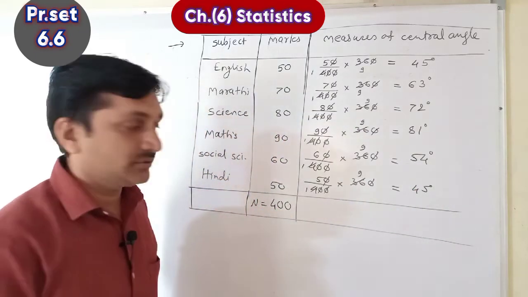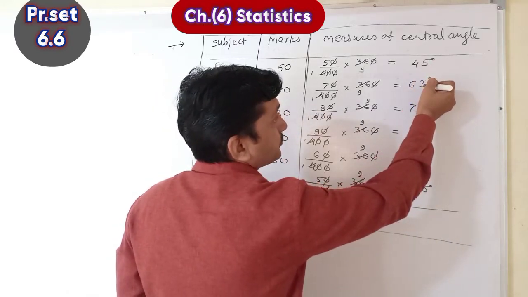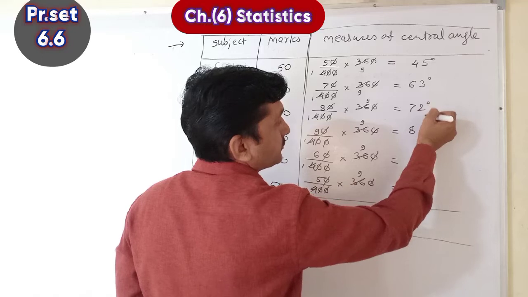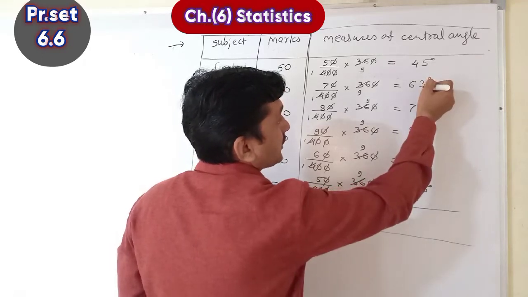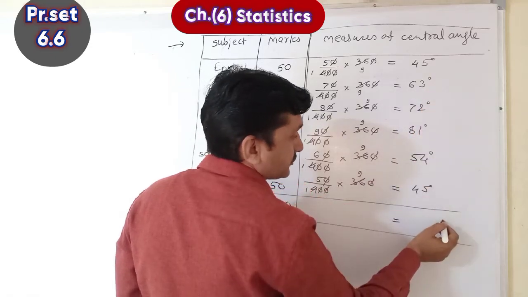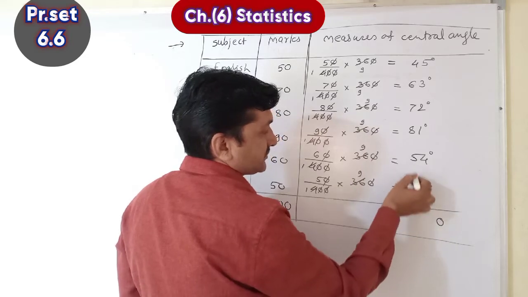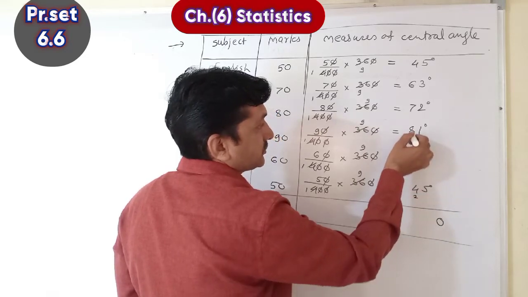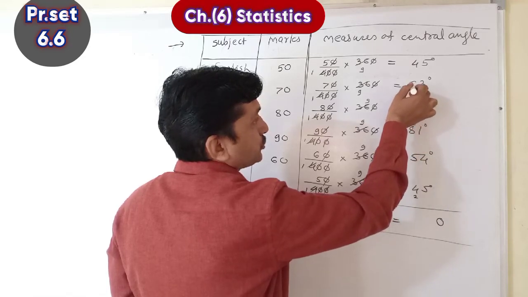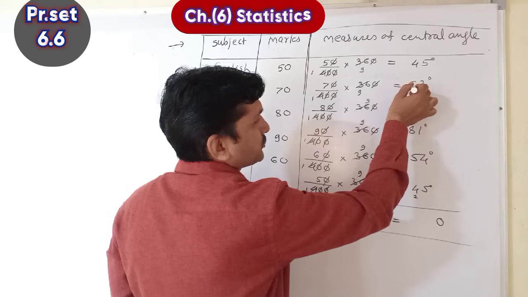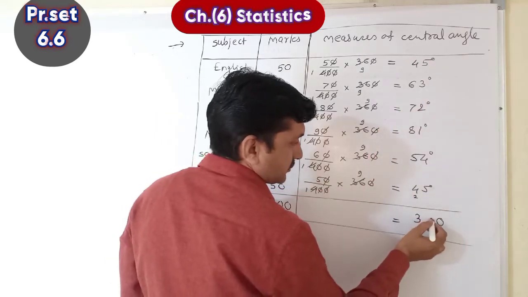Now verify, find out here, addition now. 5 plus 3 8, 10, 10 plus 8, 10 plus 10, 20, 2 carried over, 6 plus 5, 11, 11 plus 8, 19, 26, 32, 36, 360 degree.